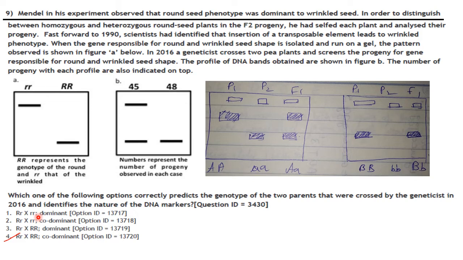But here you are getting only two types of progeny, that is capital R small r and capital R capital R. So it should be the fourth option, capital R small r into capital R capital R. You will get progeny that is capital R capital R and capital R small r. So the answer here is option 4, capital R small r into capital R capital R, and codominant.